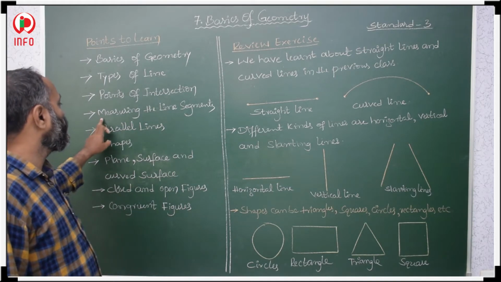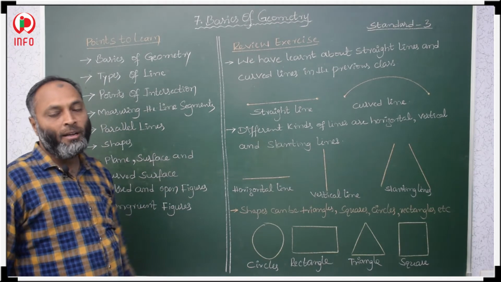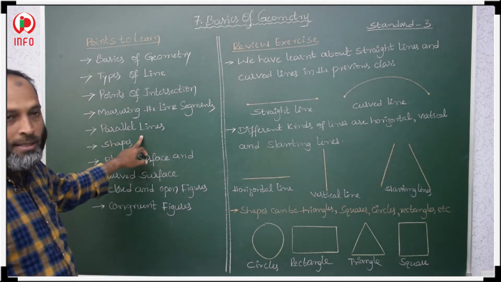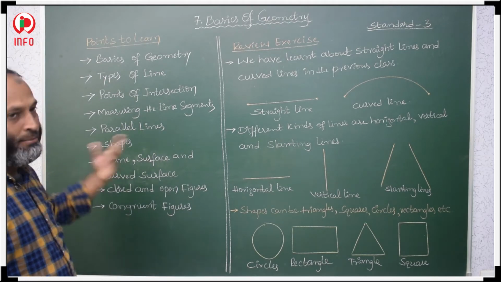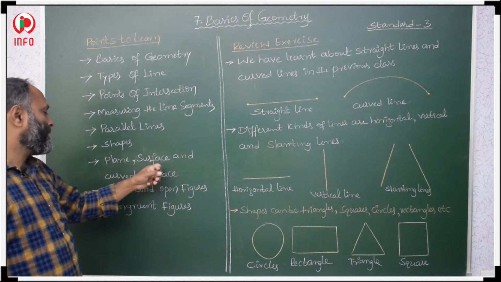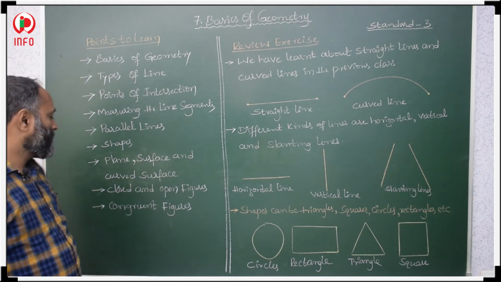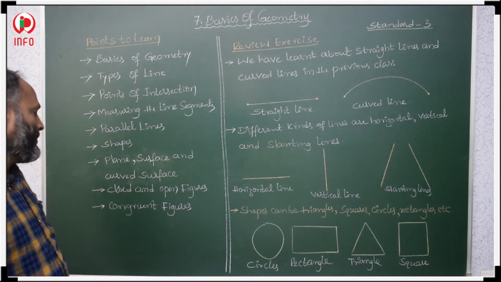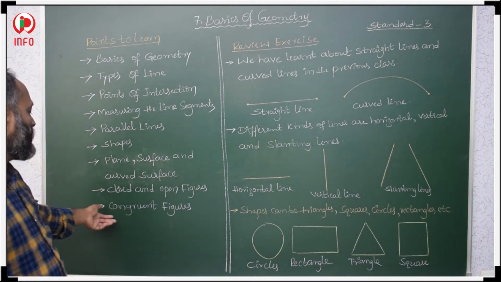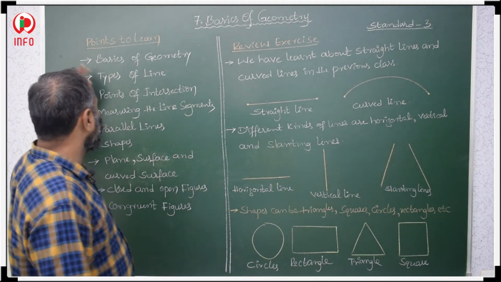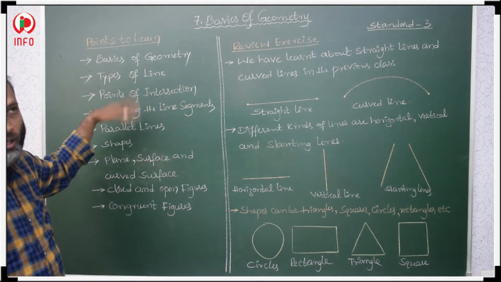Then fourth concept, measuring line segment, and fifth, parallel lines, and sixth, shapes. Then seventh, plane surface and curved surface. Then eighth, closed and open figures. Then last, congruent figures. So we are going to discuss all these concepts in this chapter.